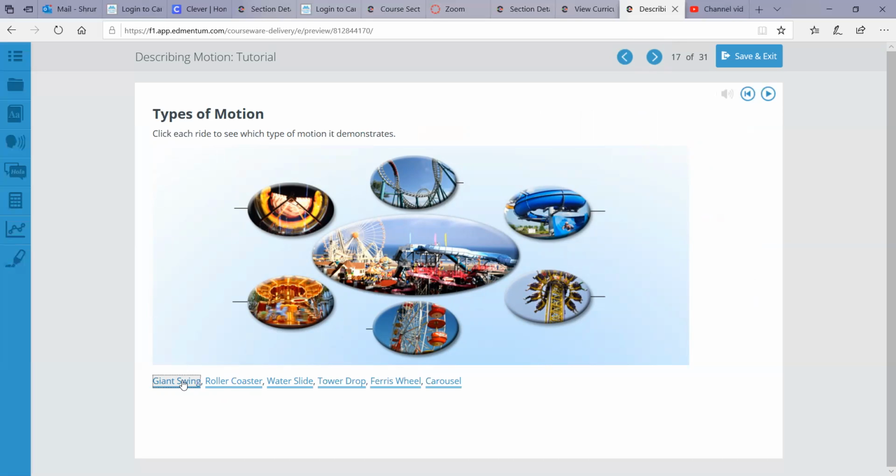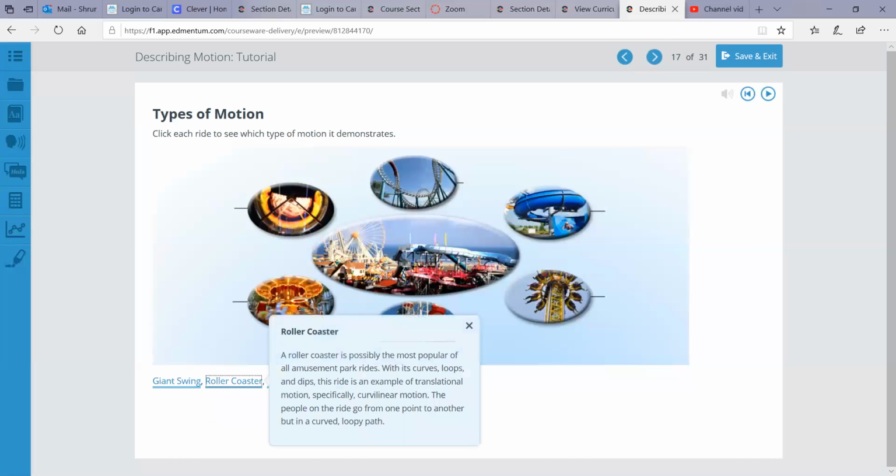So we have the giant swing. A giant swing goes back and forth. It'll swing in this big motion. On an axis, it displays a periodic or vibrational motion. A roller coaster, I think probably my favorite amusement ride.